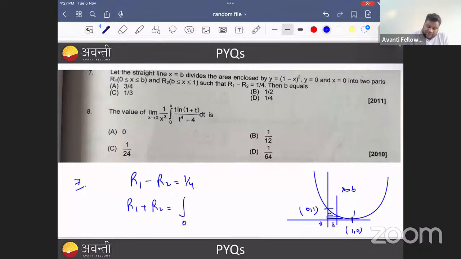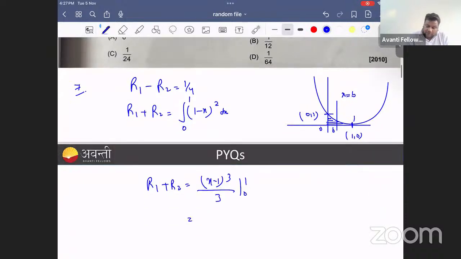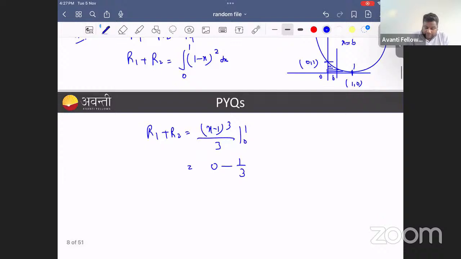Now R1 plus R2 is what? That is the integration from 0 to 1 of (1 minus x) whole square dx. Yes or no? So R1 plus R2 is (x minus 1) whole cube upon 3, limit from 0 to 1. So it will be 0 minus (minus 1 by 3), so R1 plus R2 is 1 by 3.